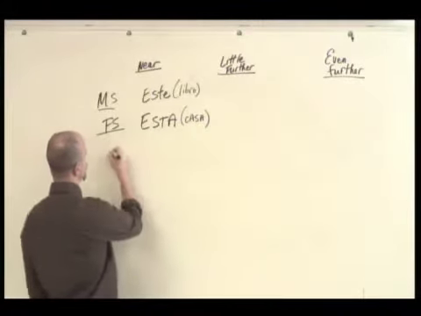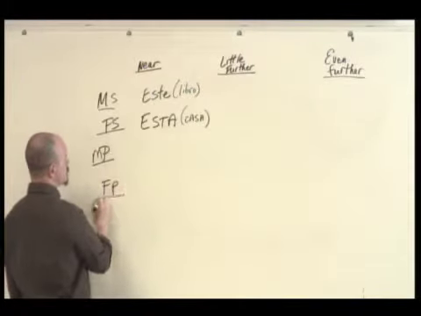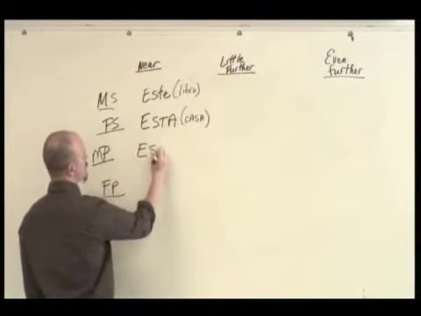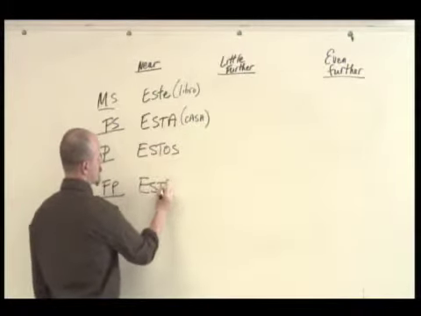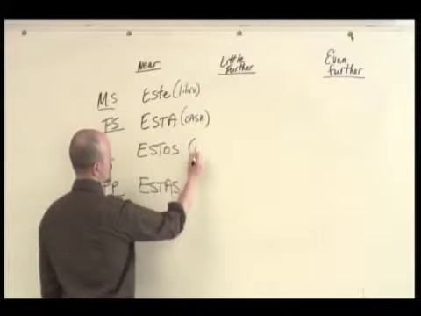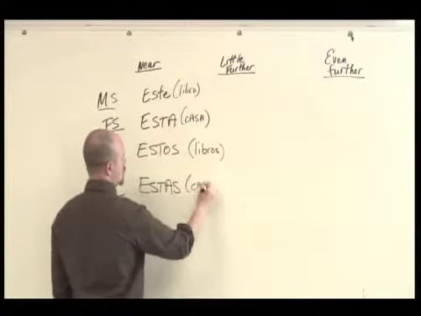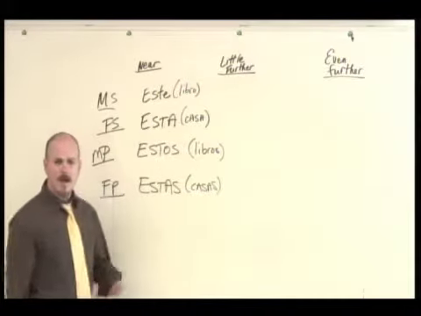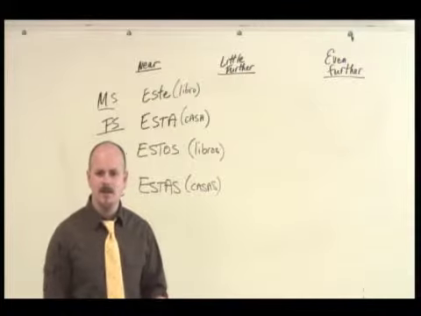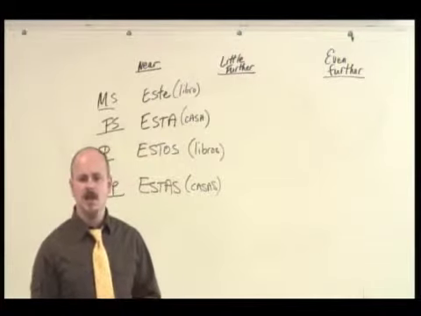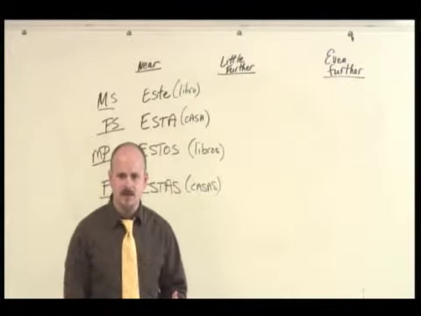In the plural, masculine plural and feminine plural, we would say estos and estas. Okay, so este libro, this book. Esta casa, this house. Estos libros, these books, and estas casas would mean these houses.